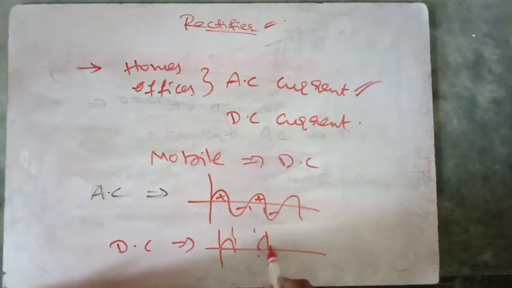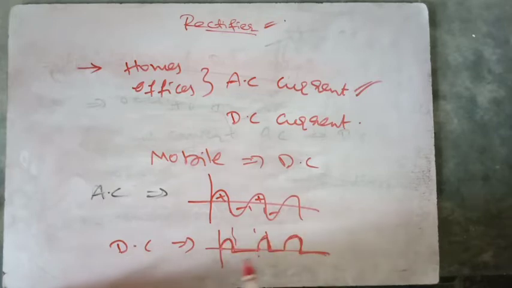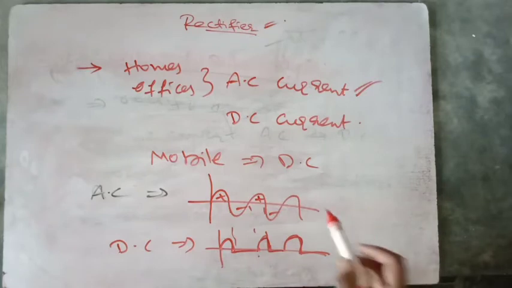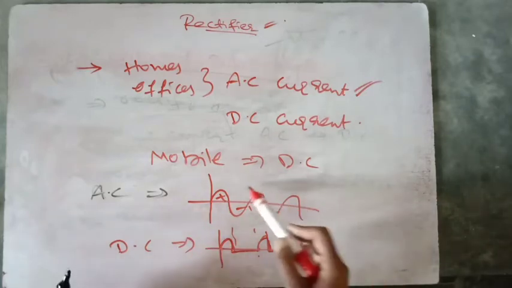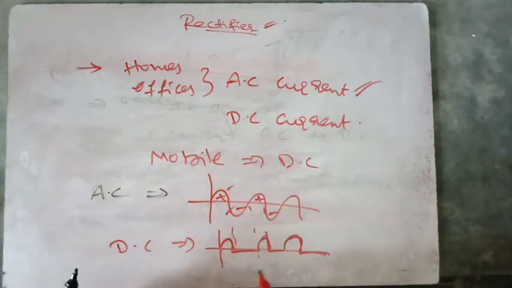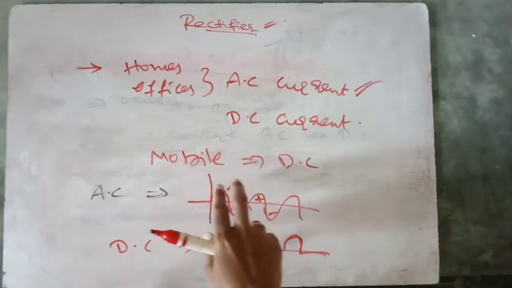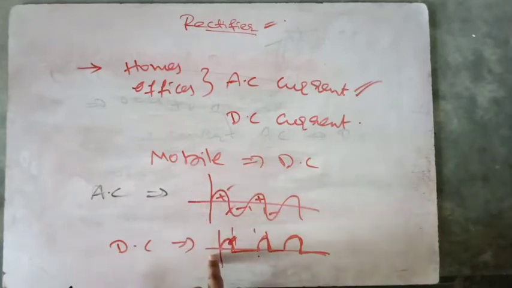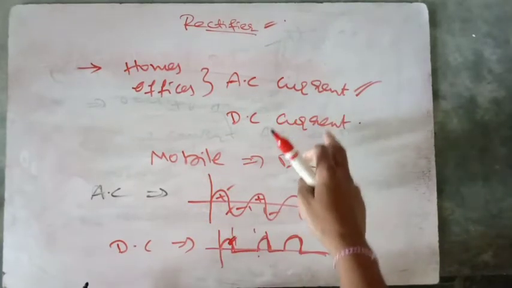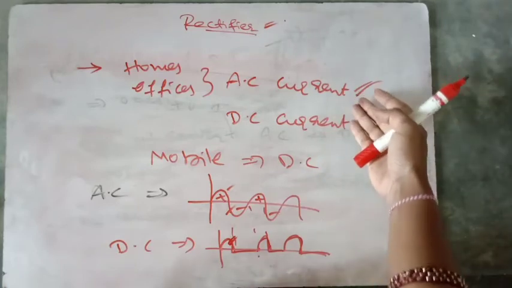There will be no negative pulse. So we have to convert this negative and positive pulse to only a positive pulse. The input of the mobile is DC current, not AC current. For this purpose, we are converting AC to DC.